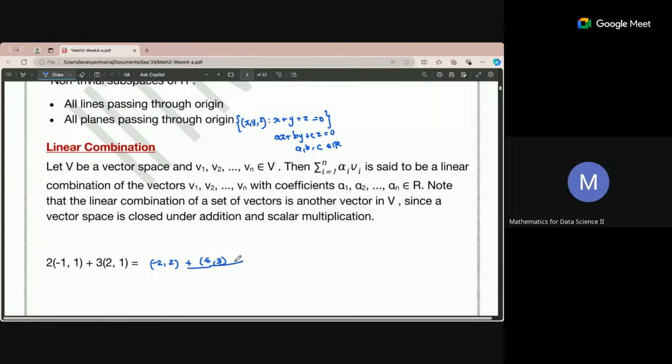What is the resulting vector? 4, 5. Oh, 4, 5.